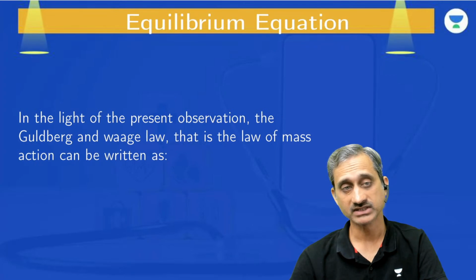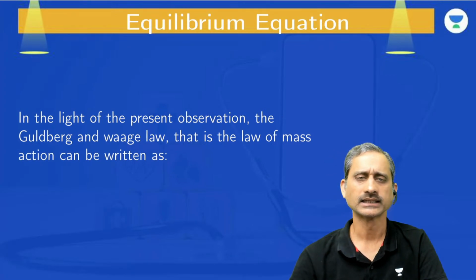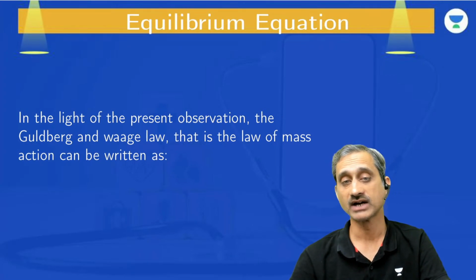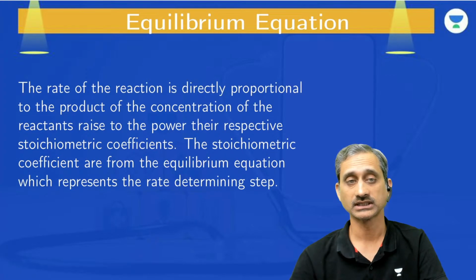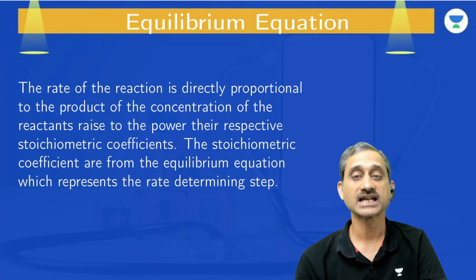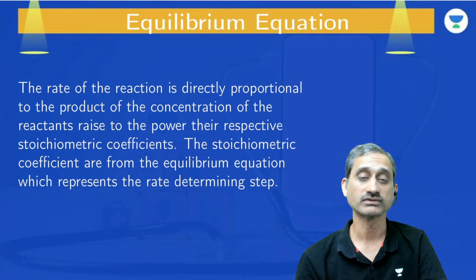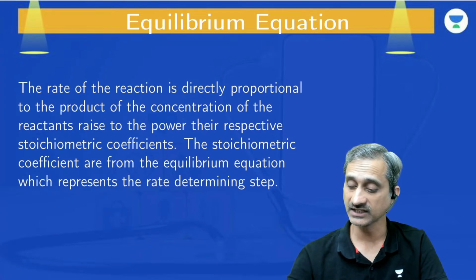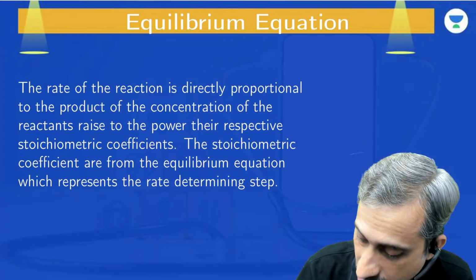So that is the definition of the order. In the light of the present observation, the Guldberg and Waage law, that is the law of mass action, can be written for equilibrium as: the rate of reaction is directly proportional to the product of the concentrations of the reactants raised to the power of their respective stoichiometric coefficients.